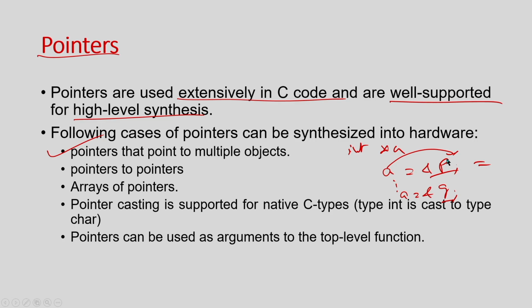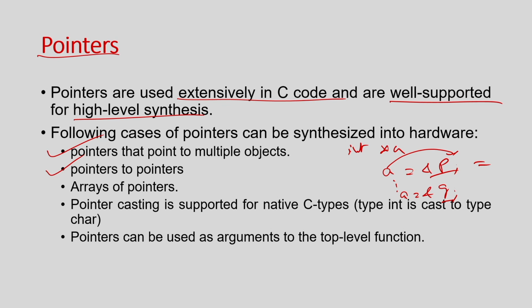It is pointing to that register, and here it is pointing to another register Q, right. So, a pointer that points to multiple objects is supported. Pointer to pointer is basically indirect addressing, right. You have this pointer, you point to some location, and that actually stores the actual address. So, it is just indirect addressing and it is very easy to support in hardware, right. So, that is also supported.